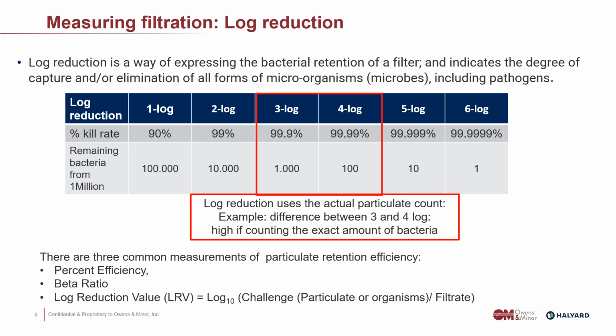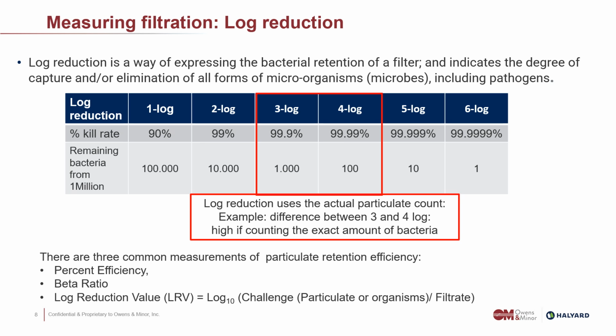When you're looking from a contamination perspective, scientists don't talk in percentages. They talk in what we call log reduction. So your 99.9 is a 3 log reduction. Your 99.99 is a 4 log reduction. And you see that there's a tremendous difference in the number of remaining bacteria.